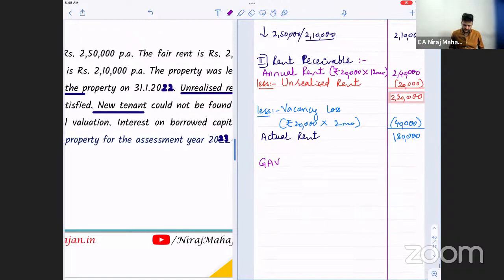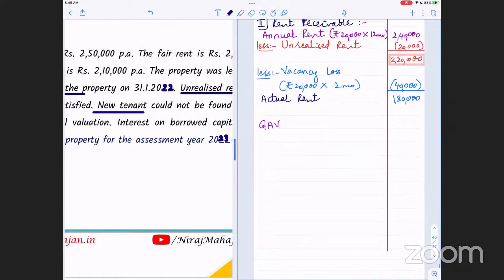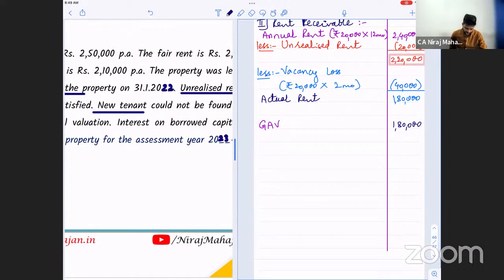So GAV is which one? What do you think? What is the GAV figure? 2,10,000 or 180? 180. Correct. And we'll write down the reasoning also. Since step 2 is lower than step 1, due to, means because of, vacancy loss.